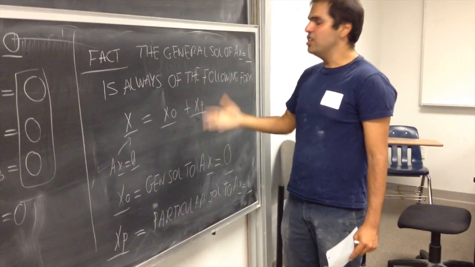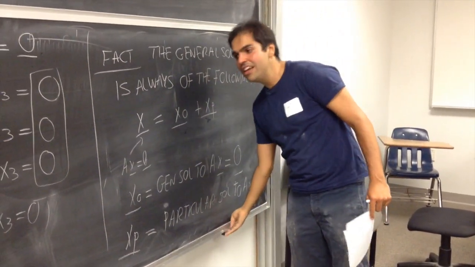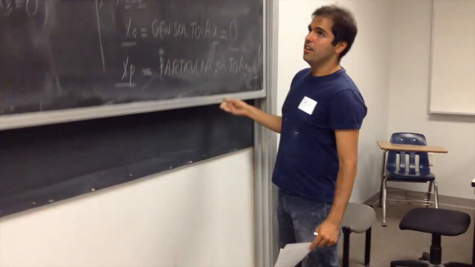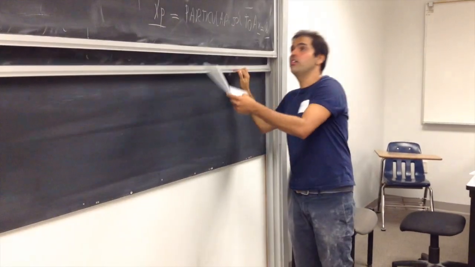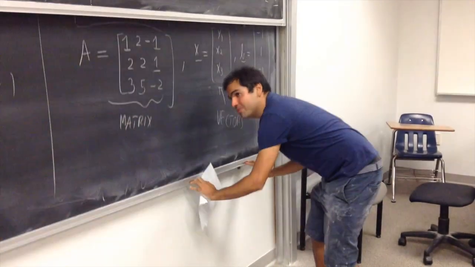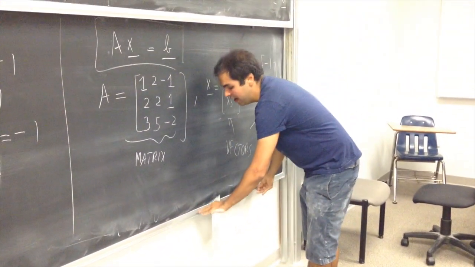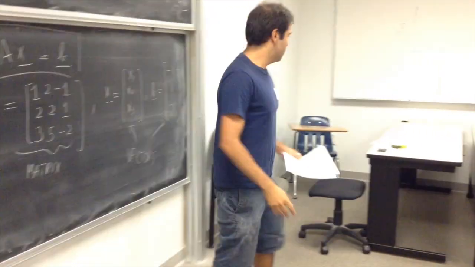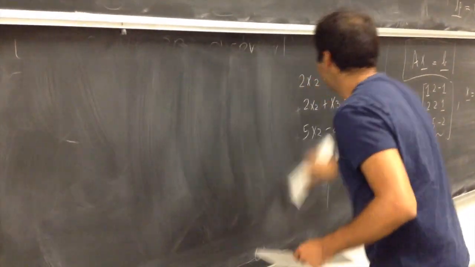And you can find that using undetermined coefficients and variation of parameters. That's why linear algebra and differential equations are usually put in one course, because there's this nice analogy between them.